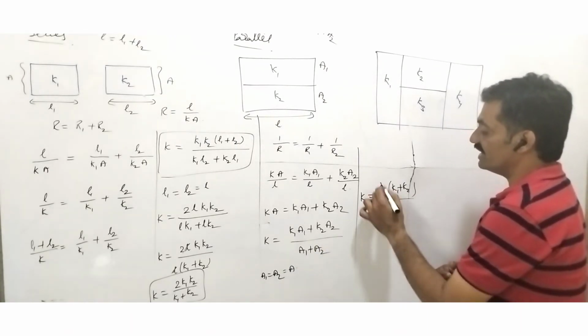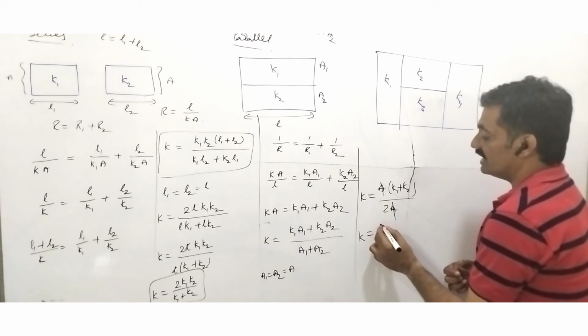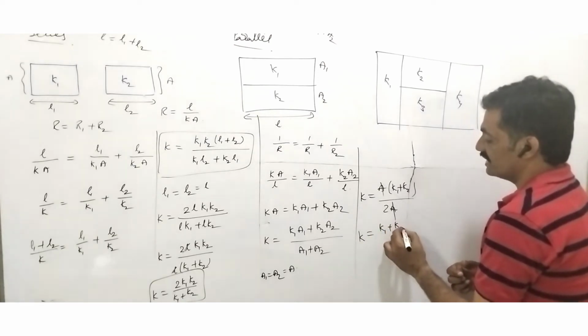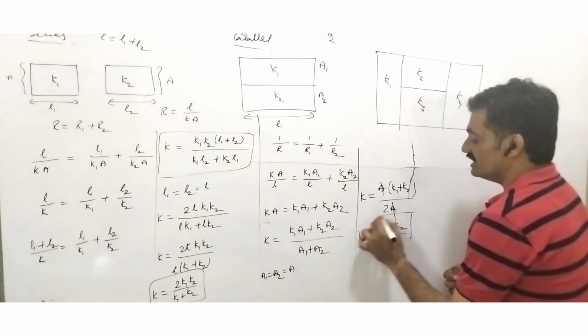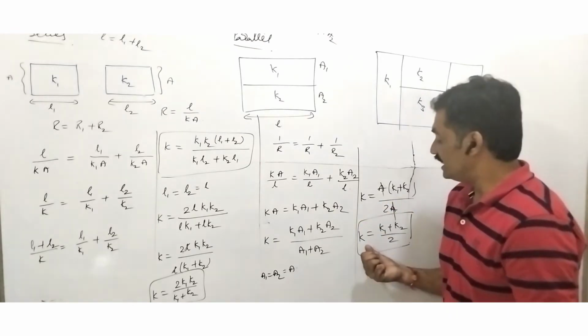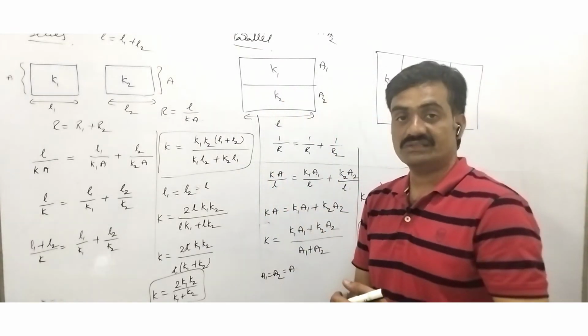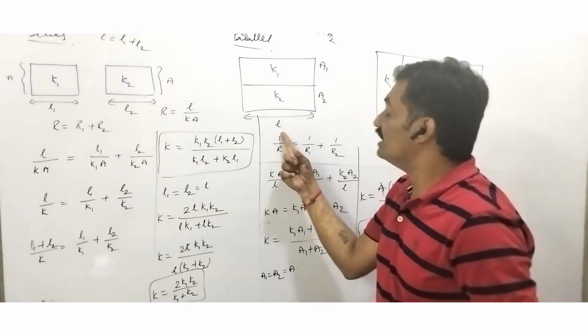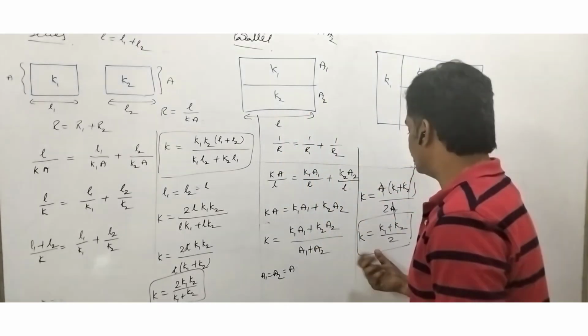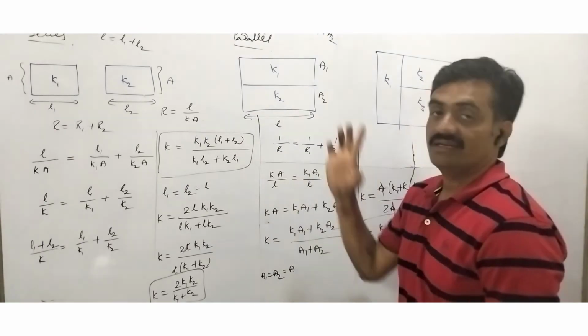So here A gets cancelled, and we get K equals K1 plus K2 by 2, which is the resultant equivalent thermal conductivity when two thermal conductors of equal length and equal area are connected in parallel.